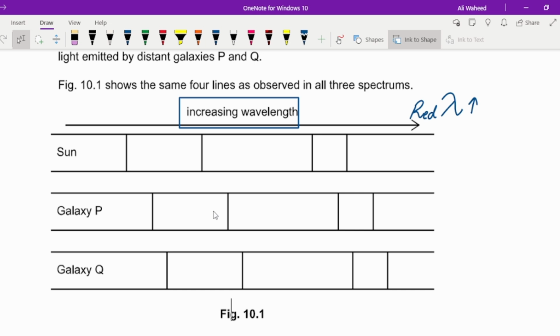The further away it is, the faster it recedes from us. So we can deduce that galaxy Q is further away than galaxy P. The light from galaxy Q is more redshifted, and galaxy Q is receding faster than galaxy P.